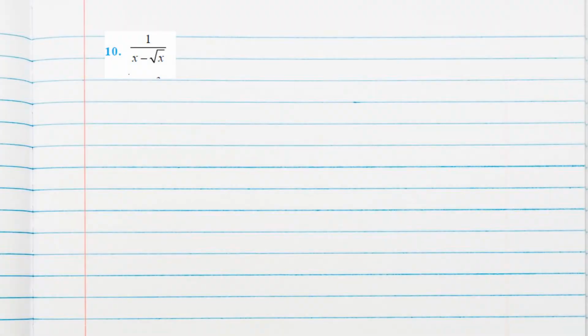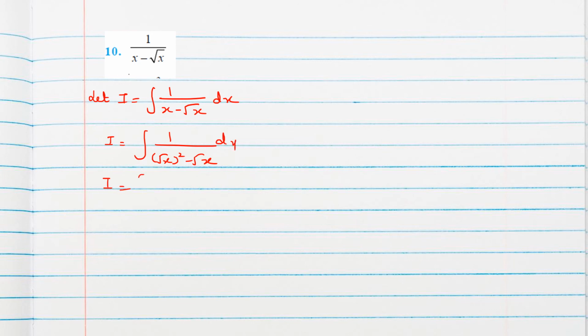Let the integral be I. Now here this x we can write as root x square. Okay, any number we can write as the square of its square root. Then we'll take common root x.